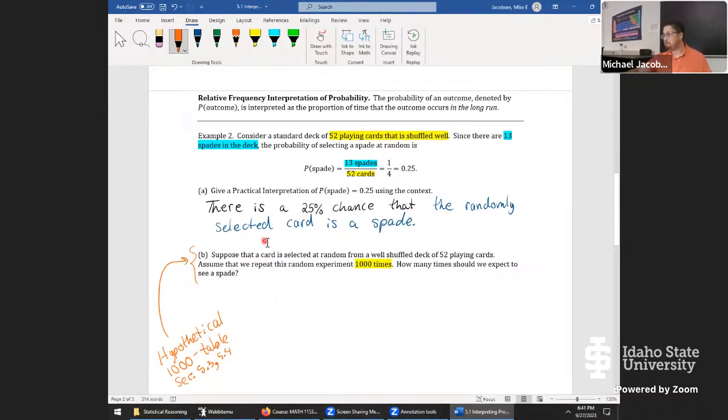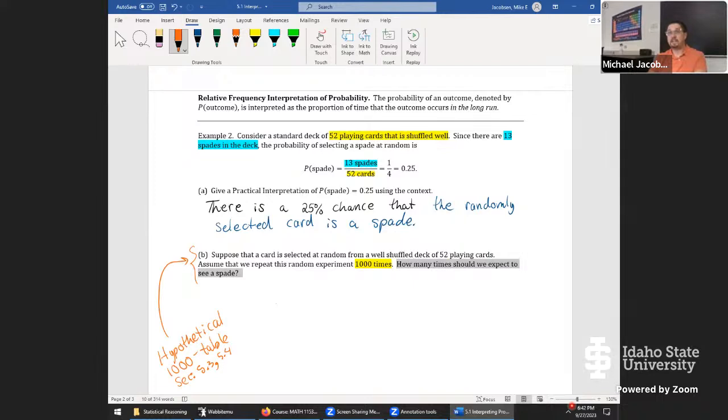So part B says, suppose that a card is selected at random from the well-shuffled deck of 52 cards, and assume we're going to repeat this experiment 1,000 times. So you select a card, record the result, reshuffle the cards, then select a card, record that result. You now have 2 results, shuffle again, and keep on going until you have 1,000 different results. Now the question is, how many times would you expect a spade to come up if we really did this?